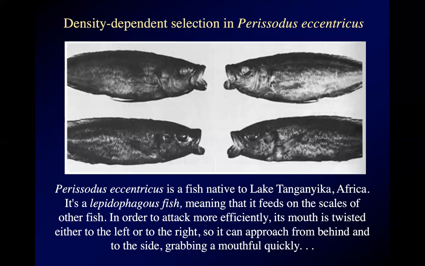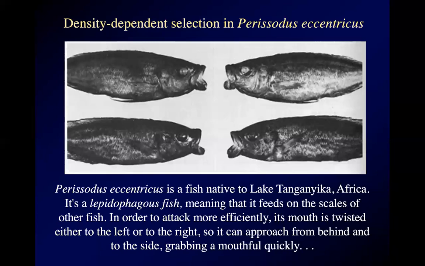Anyway, Parasotus is weird because in order to attack efficiently, it's hard to sneak up on a fish because they've got bulgy eyes that are on the sides of their heads, which means they've got an extremely wide field of view.